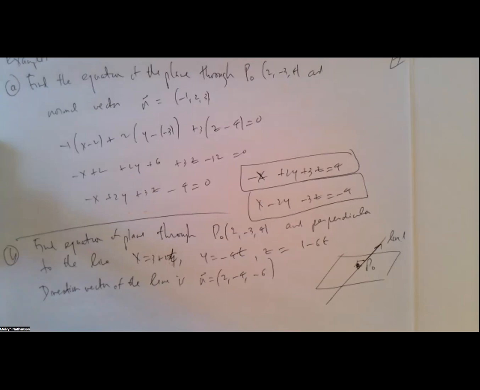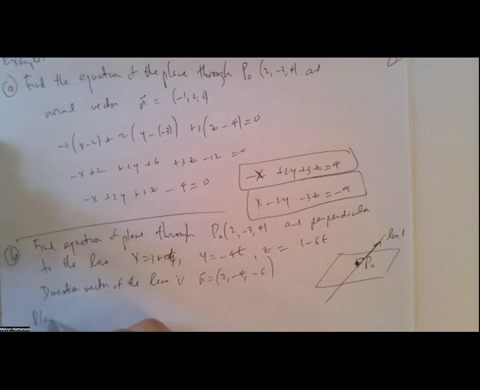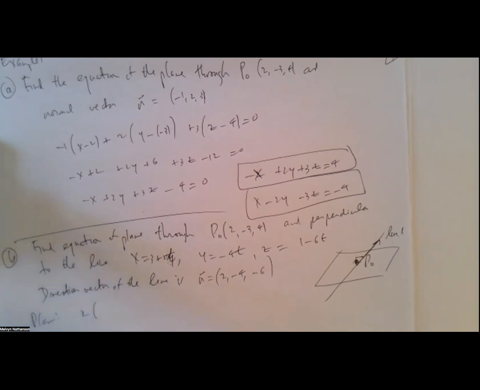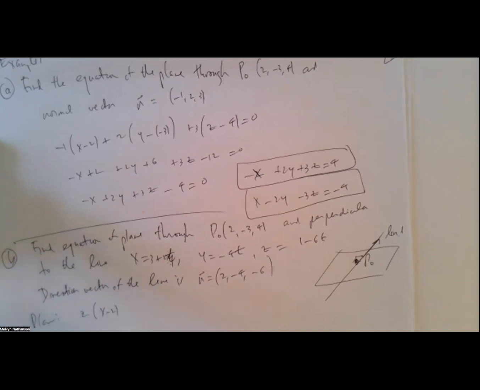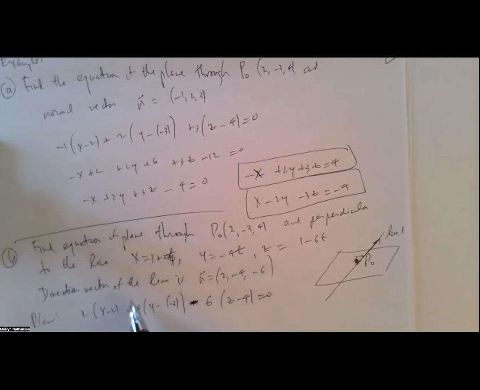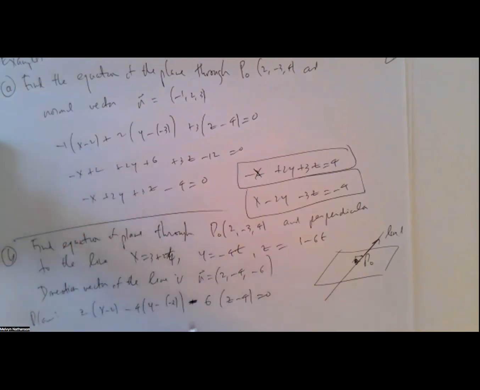So the equation of the plane becomes 2 times x minus 2 minus 4 times y minus -3 minus 6 times z minus 4 equals 0. It looks very similar to the equation we had a moment ago.